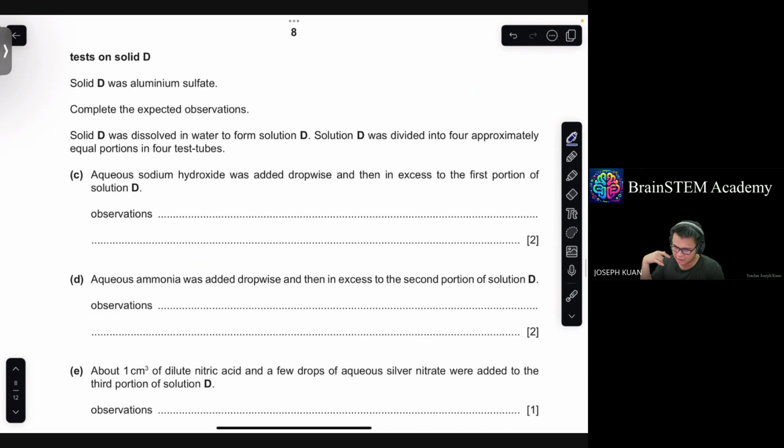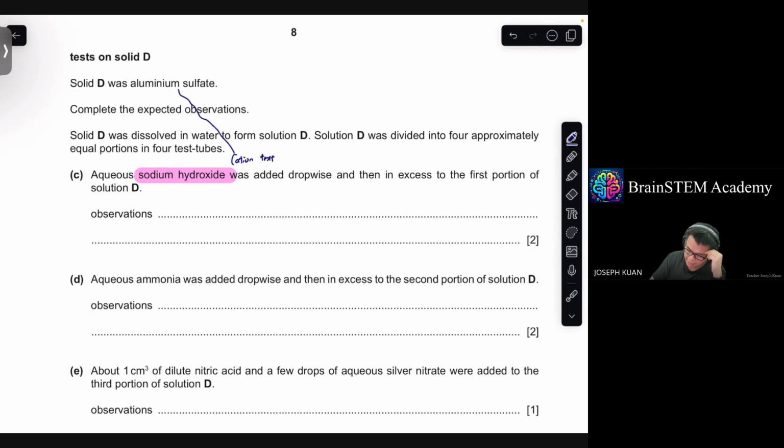Test on solid D. Solid D was aluminium sulfate. Complete the expected observations. Solid D was dissolved in water to form solution D. Solution D was divided into 4 approximately equal portions in 4 test tubes. C, aqueous sodium hydroxide was added dropwise and then in excess to the first portion of solution D. As mentioned, sodium hydroxide is for cation test, so it's responding to the aluminium ion.